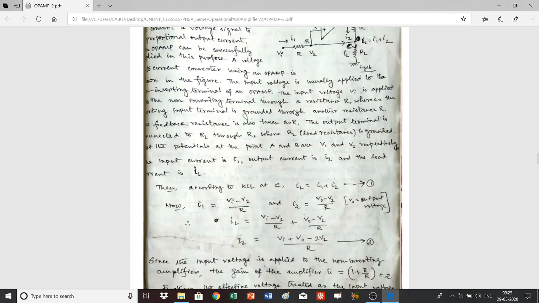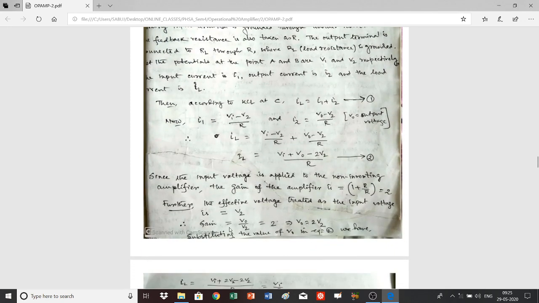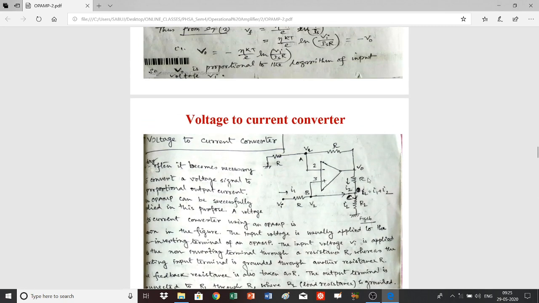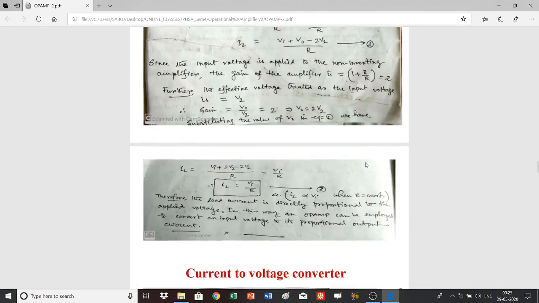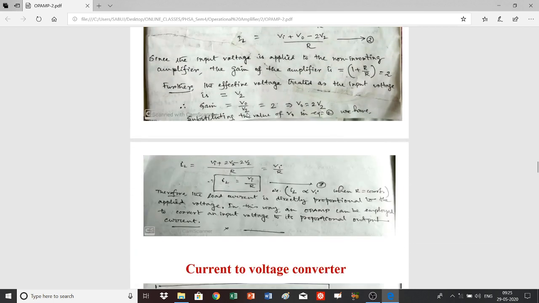So here the gain is equal to 1 plus R by R, that is equal to 2. The gain is equal to V0 by the input voltage effectively acting on the non-inverting terminal, that is V2. So V0 by V2 is equal to 2, or V0 is equal to 2V2.